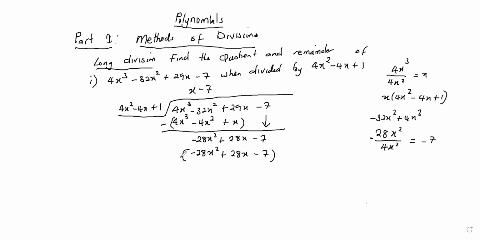Then we are subtracting. Everything comes out to be 0 because the first one 0, second 0, third 0. So we're saying the quotient as a function of x is x minus 7. And the remainder also as a function of x is equal to 0. And that's how you do the long division.